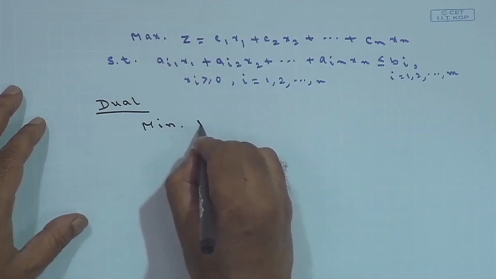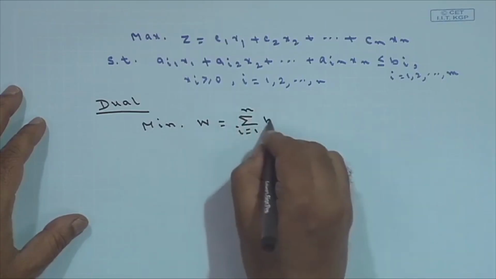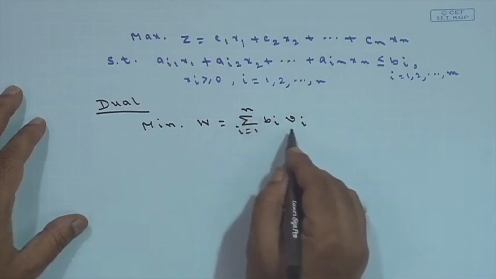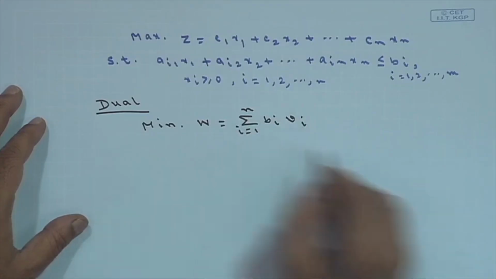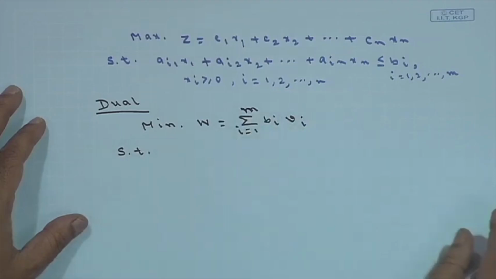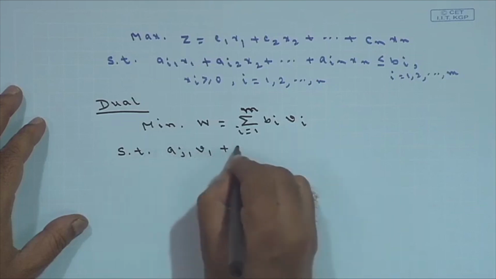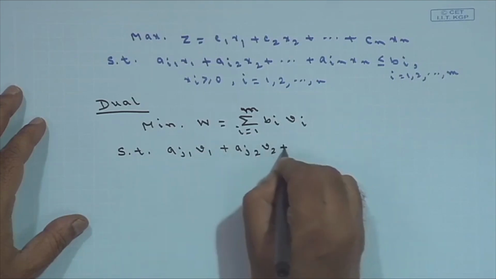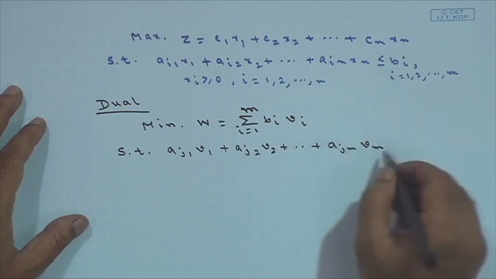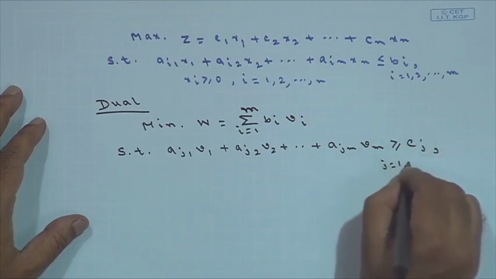So, the function will change: w equals the summation i equals 1 to m of b_i into v_i, some new variable, and this is subject to a_j1 v1 plus a_j2 v2, like this way, up to a_jm vm, since this was less than or equal, so it will be greater than or equal to c_j, where j will be from 1 to n.